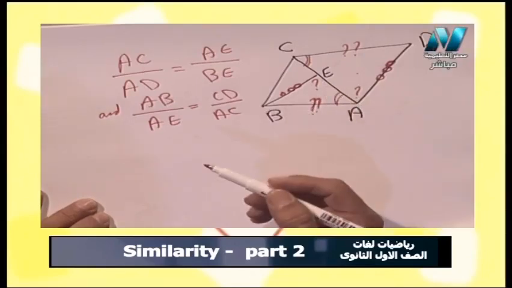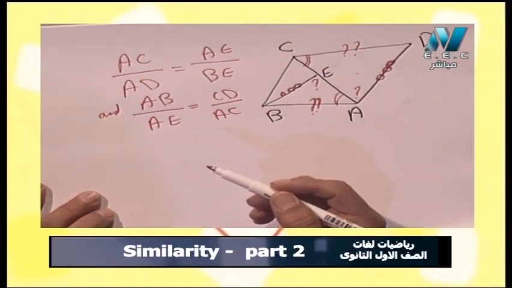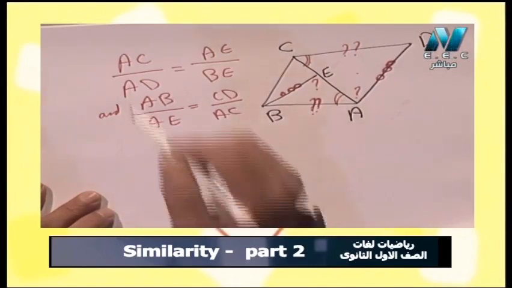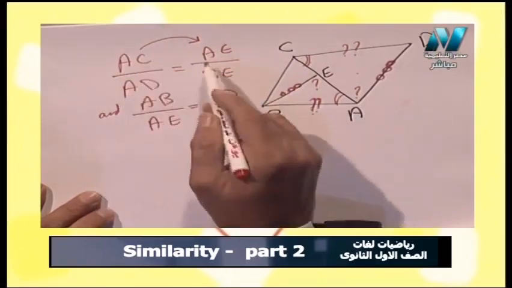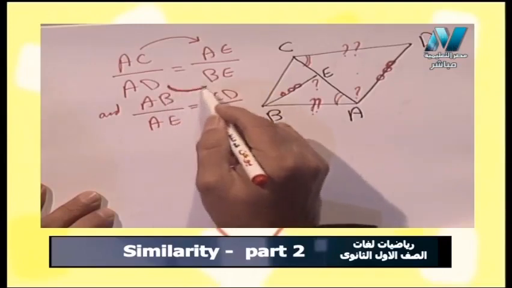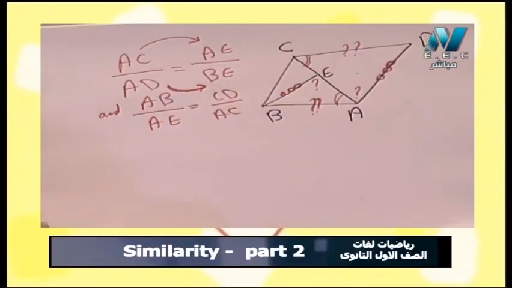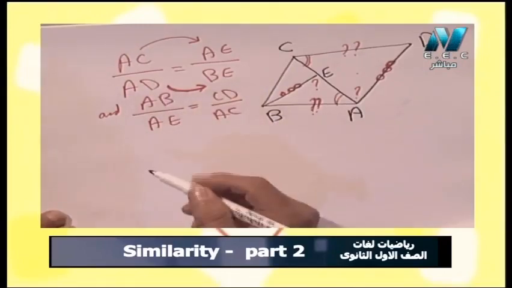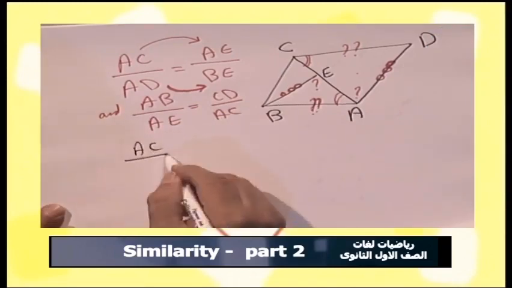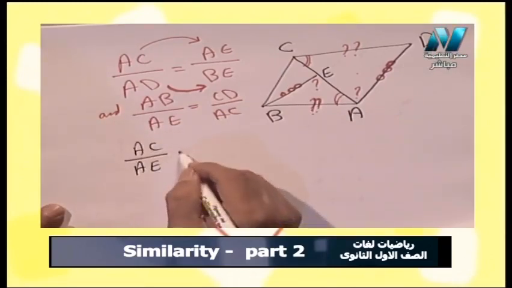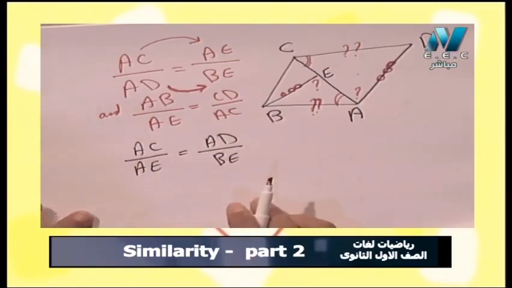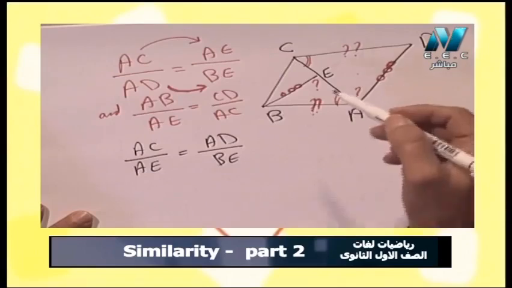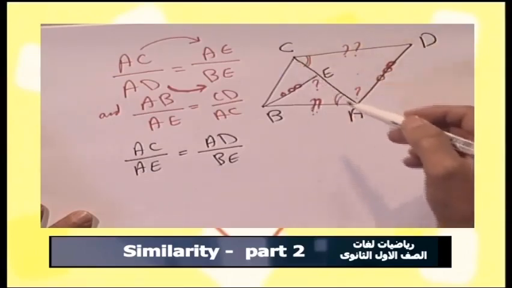But we have a property in the ratios we have studied in preparatory 3. We can put this ratio as AC over AE equals AD over BE. If we put them like that, AC over AE here equals AD over BE. Look at them. AC over AE, AC over AE.